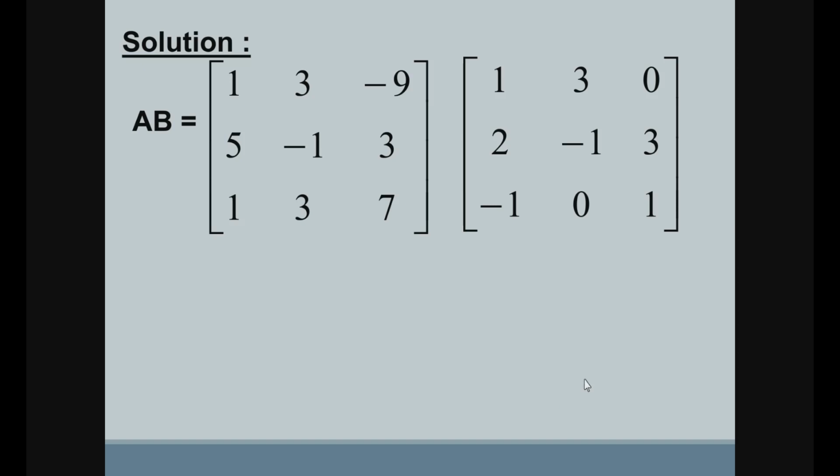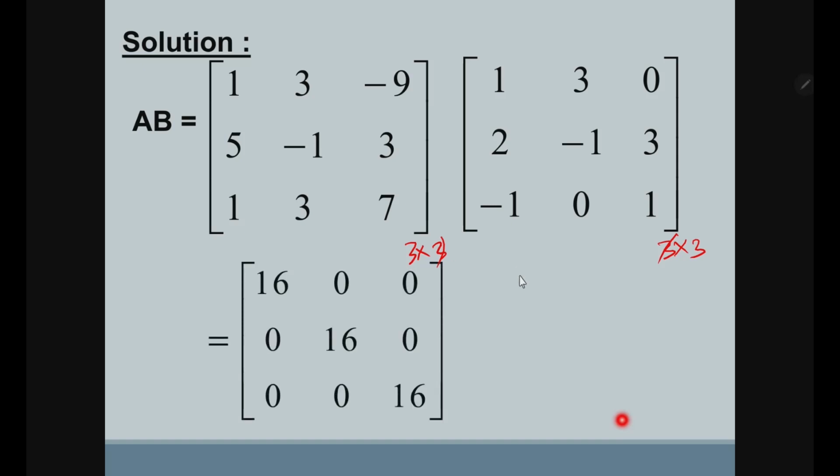Okay, A times B means here 3 times 3, 3 times 3, so the solution would be also 3 times 3, right? Here we get 16, 0, 0, 0, 16, 0, 0, 0, 16. It also can be 16 times identity, because identity is 1, 0, 0, 0, 1, 0, 0, 0, 1.